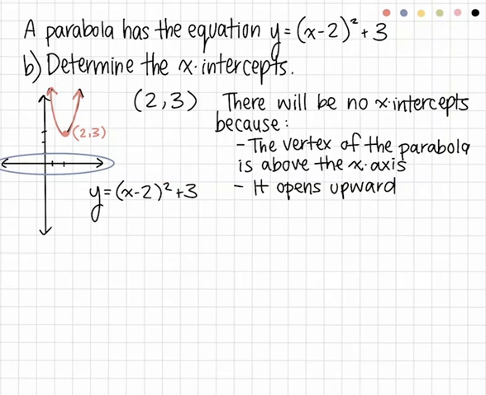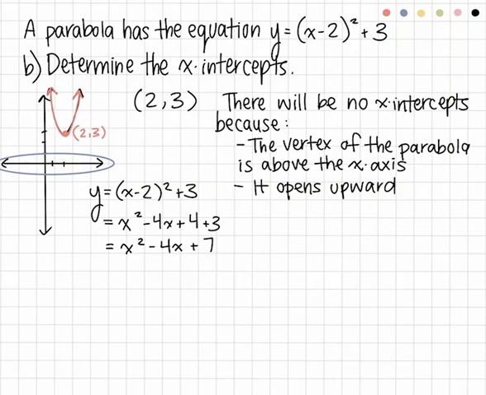So this is going to look like this. I have x squared minus 4x plus 4 plus 3, which equals x squared minus 4x plus 7. I'm just simplifying without a step in here. You can do the extra steps.